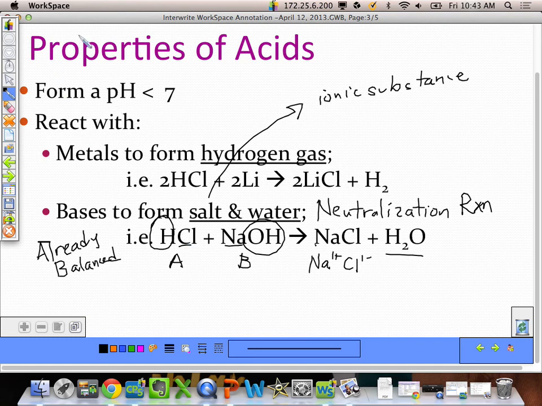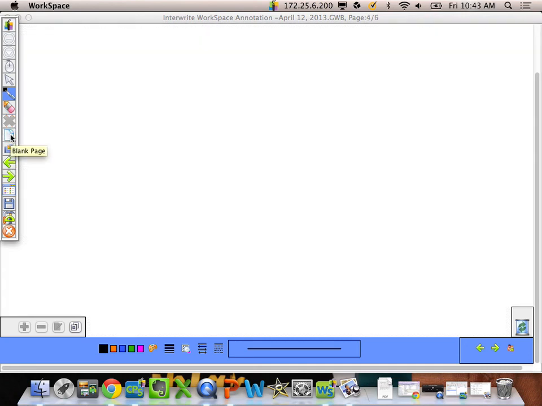Let's do another example of that. So let's take some calcium hydroxide. Ca has what charge? Show me with your fingers. Yeah, it's 2+ because it's in the second column. It's an alkaline earth metal. And this is going to be my base, so it's with an OH, which is always a 1-.